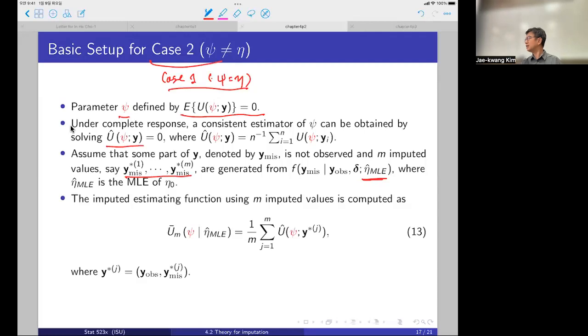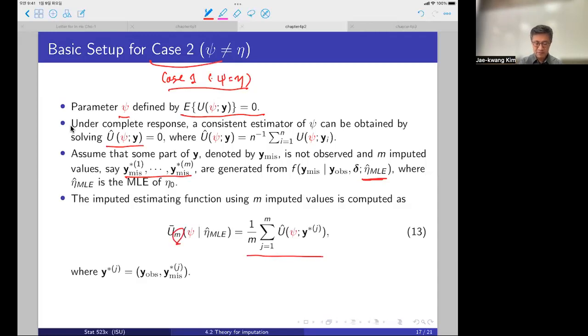So let's think about using the MLE to generate the imputation, and then apply it. We take the Monte Carlo sample mean, so we can write it this way.